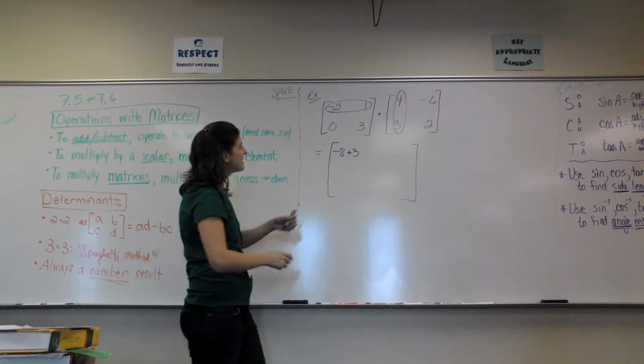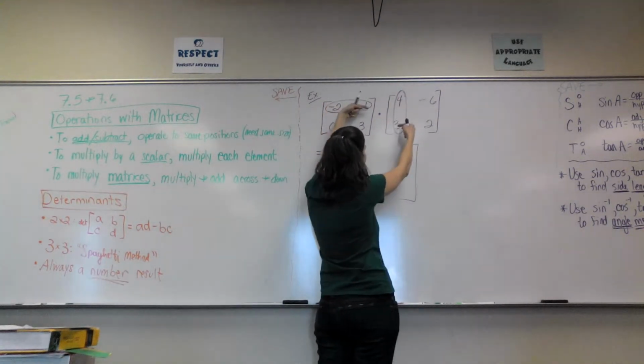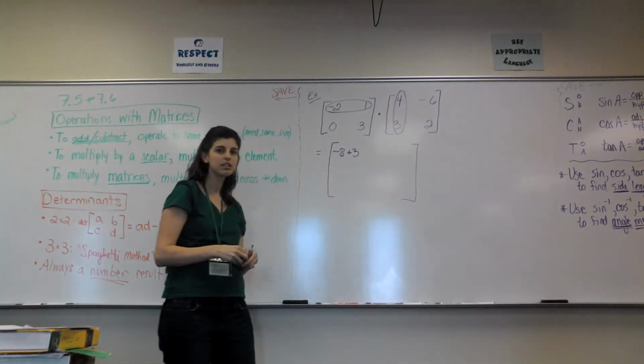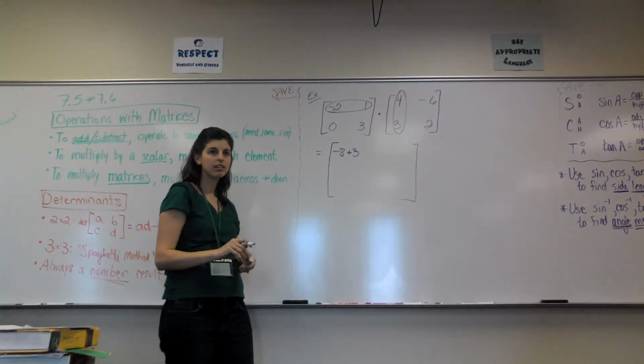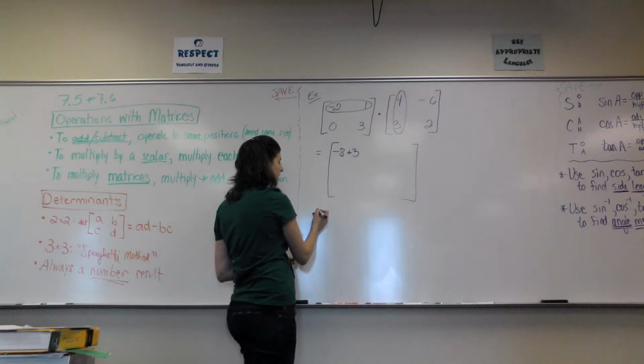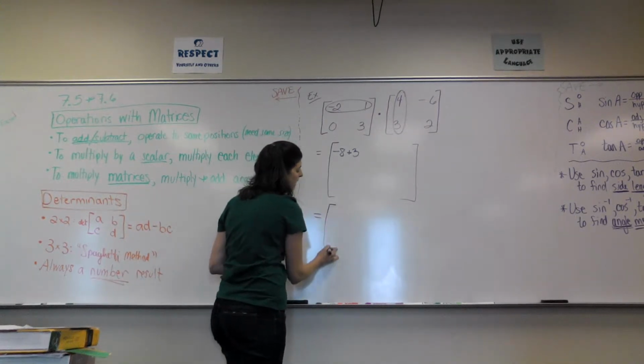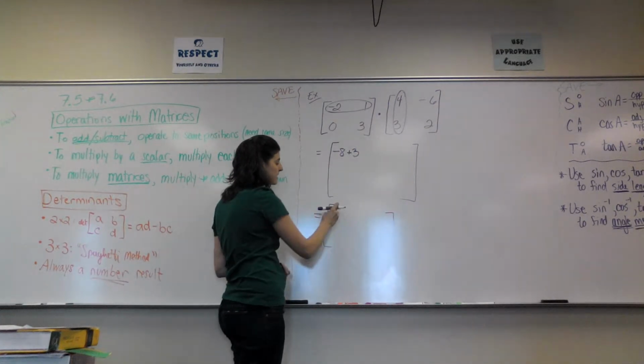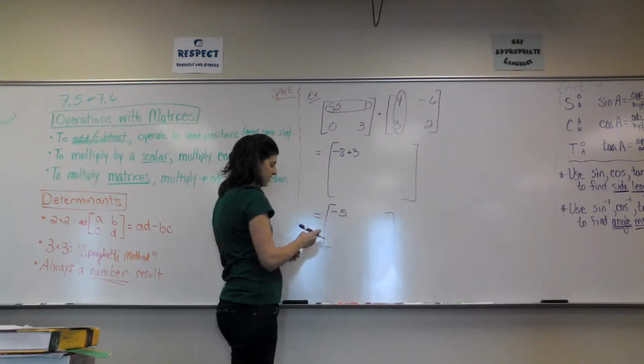All right. So you're going to go across the first one as you're going down the second one. Does that make sense? It'll take a little bit of getting used to maybe, but I think you'll catch on quickly. All right, and -8 plus 3 does give you -5.